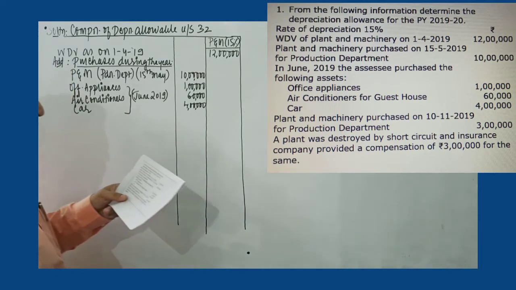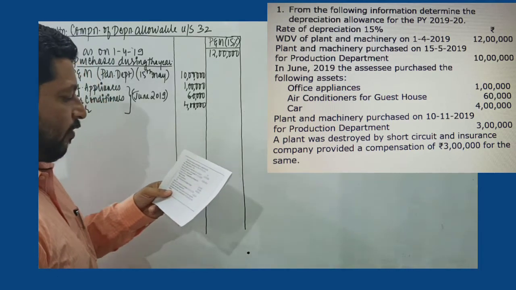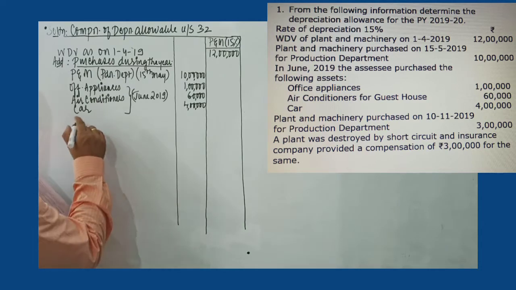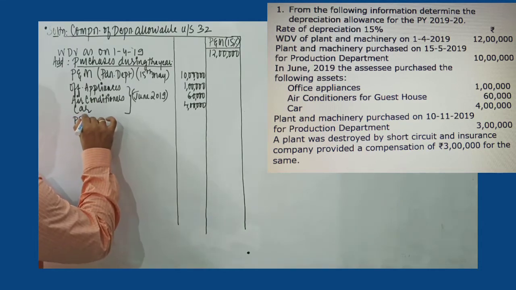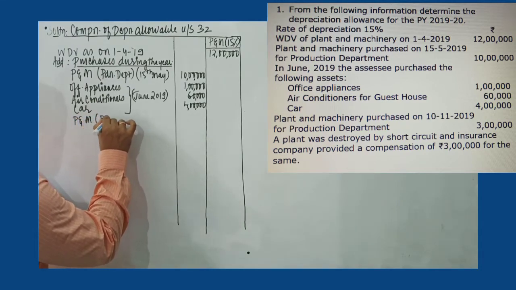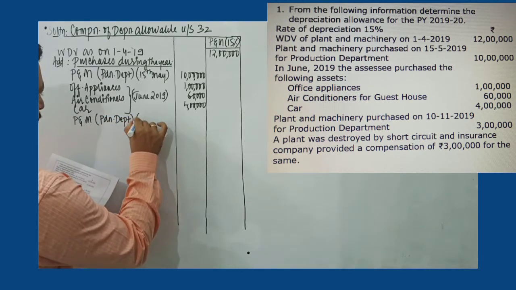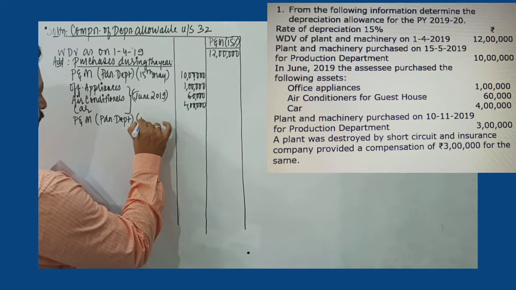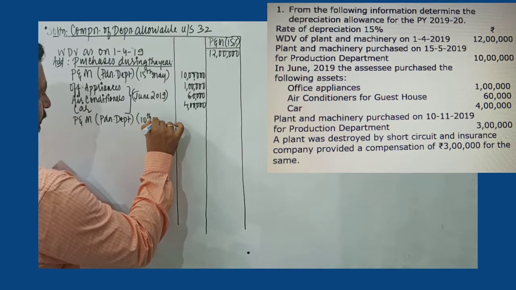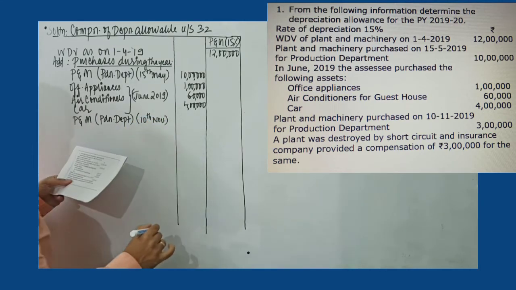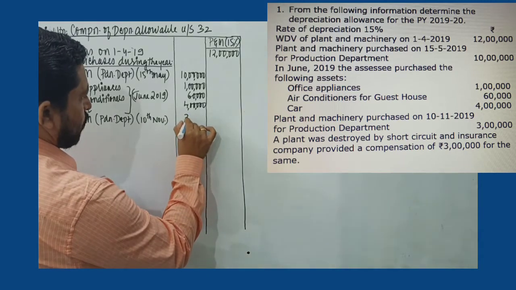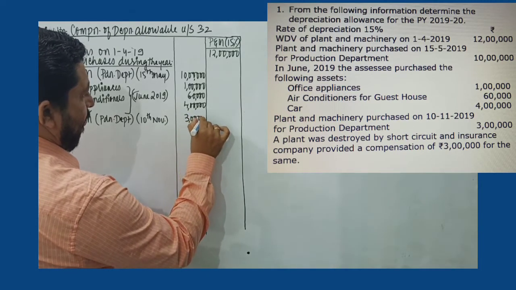Then once again we have plant and machinery purchased on 10th of November 2019 for production department. So again I record plant and machinery purchased, production department, and this is done on 10th of November, date of purchase important. So 3 lakh.